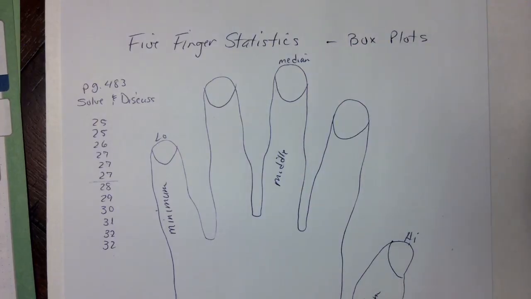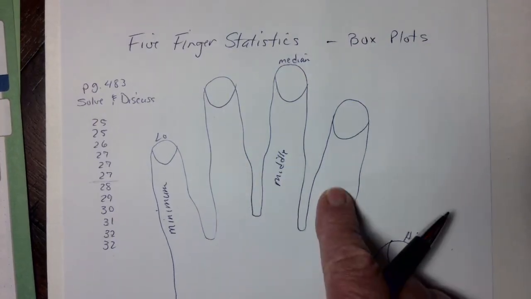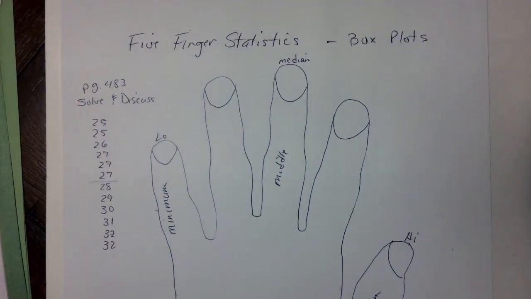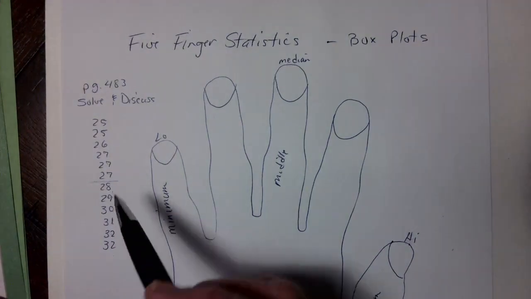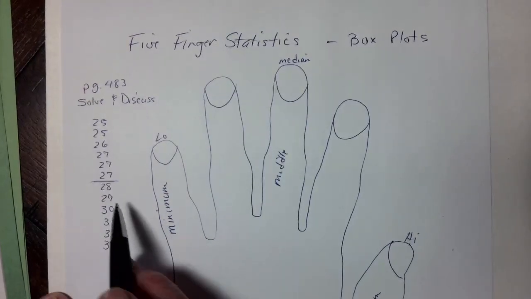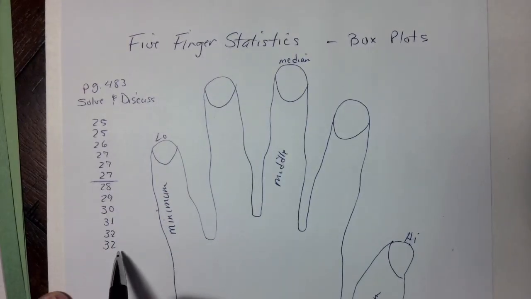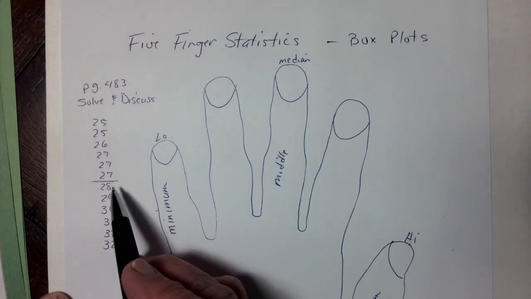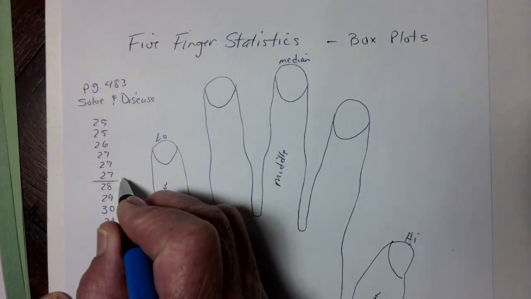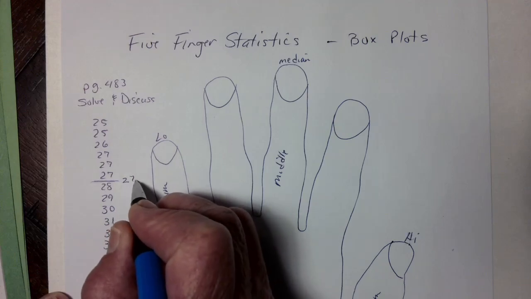Now, we got to learn how to find this one and this one. If you notice, this is your bottom half of the data. We found the median right here. Everybody understands that's going to be 27 and a half, because halfway between 27 and 28, if I average these, your median's going to be 27.5.